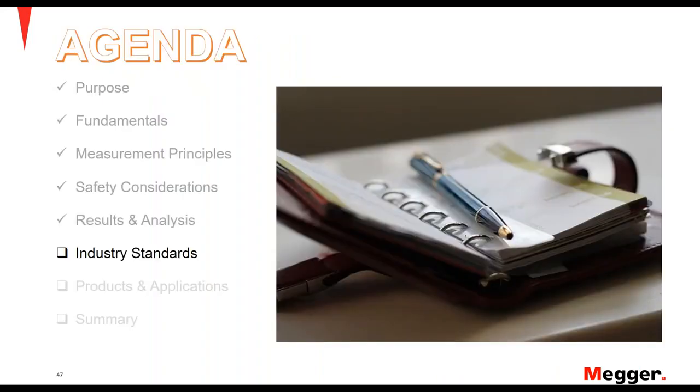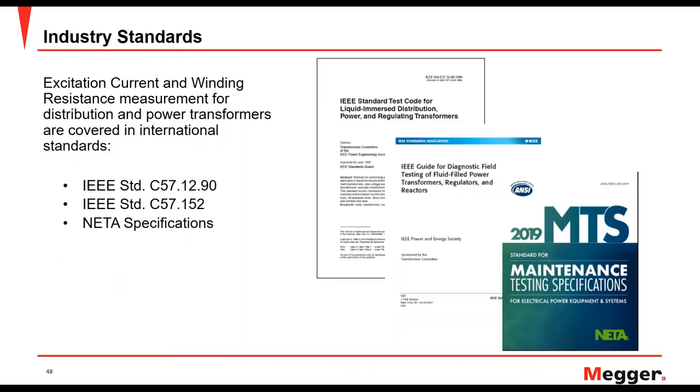Now let's look at the industry standards that govern both of these tests that we looked at today, winding resistance and excitation current. Both these tests are covered in international standards such as the IEEE standard C57.12.90, which is the test code, and IEEE standard C57.152, which is the diagnostic field testing guide.